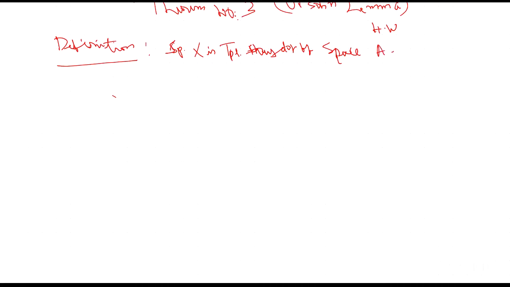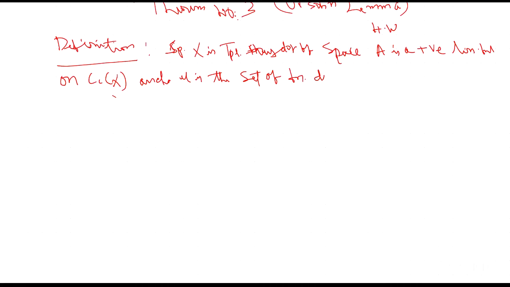A is a positive linear functional on C_c(X), and mu is the set of functions defined in the theorem.